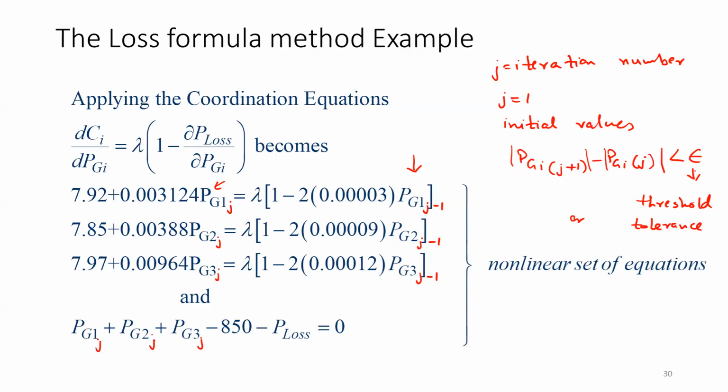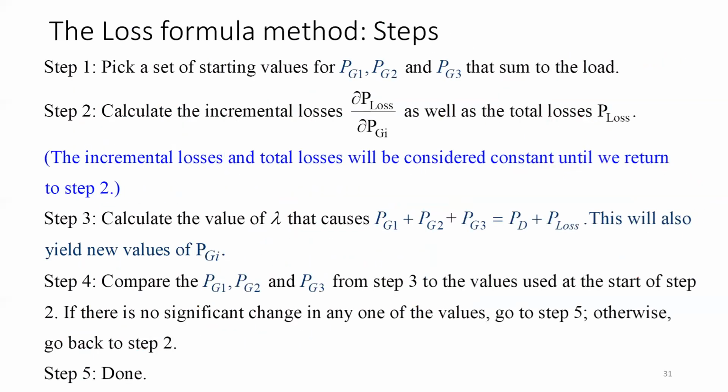Okay. So let's see. The solution is given over here. So the first step, we know we have to go for assuming some initial values. Based on that, we'll find the values of the next iteration. So this thing is given over here, whatever you have just said. So see, everything is written over here. So you have to pick a set of starting values for PG1, PG2 and PG3 that sum to the load. Okay.